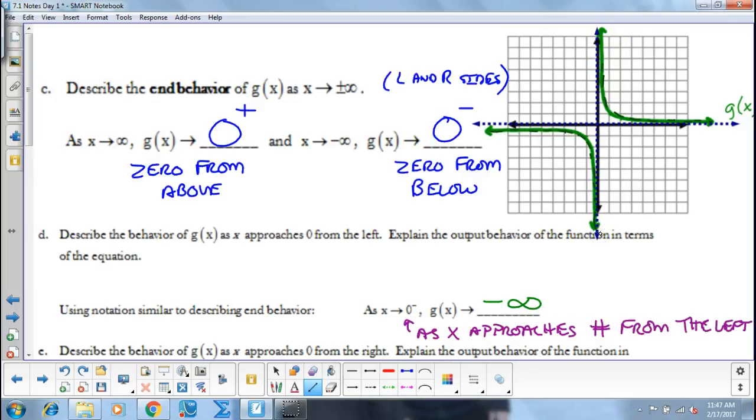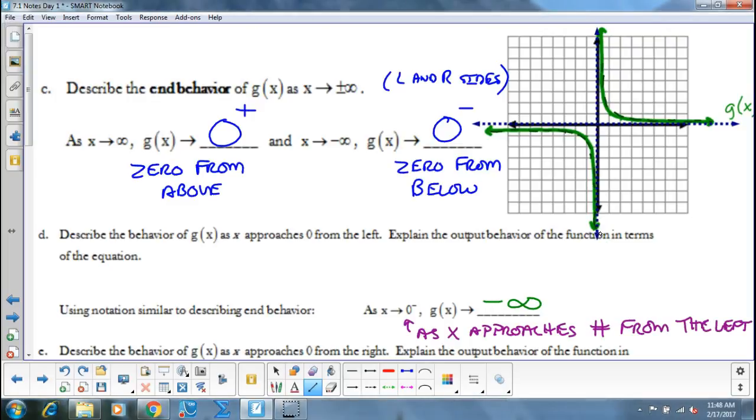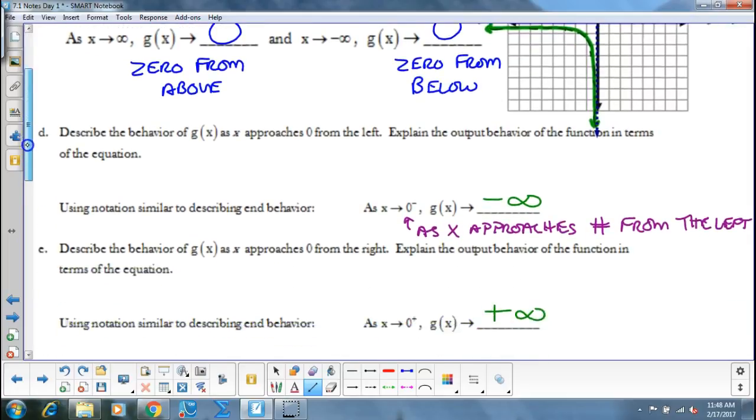And vertical asymptotes can never, ever be crossed. You can never cross over a vertical asymptote. We'll learn later on in this chapter that you can cross over a horizontal asymptote, but you can never cross over a vertical asymptote. Might want to write that down. Okay?